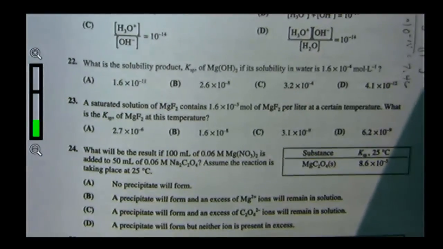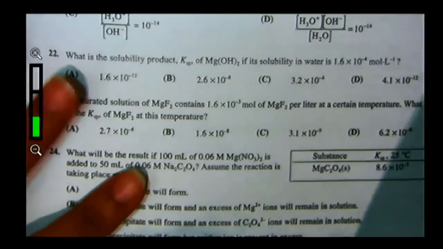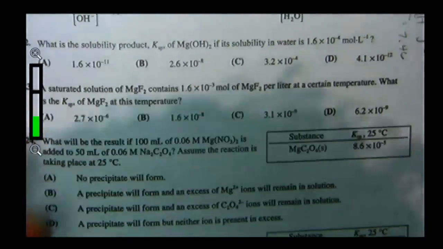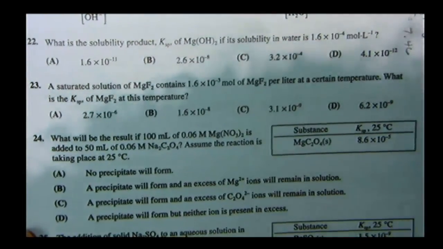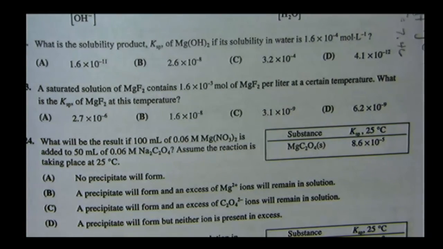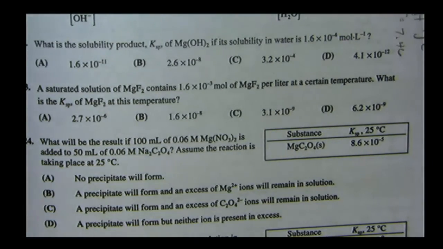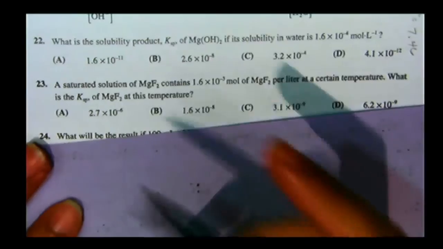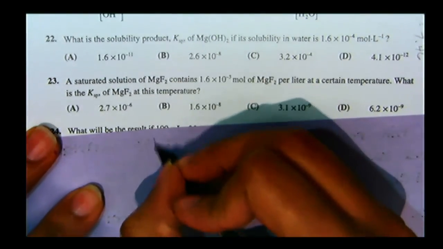All right, so when it comes to dissolving anything, the big thing about Ksp in terms of equilibria, and I forgot to mention this before, is really important.